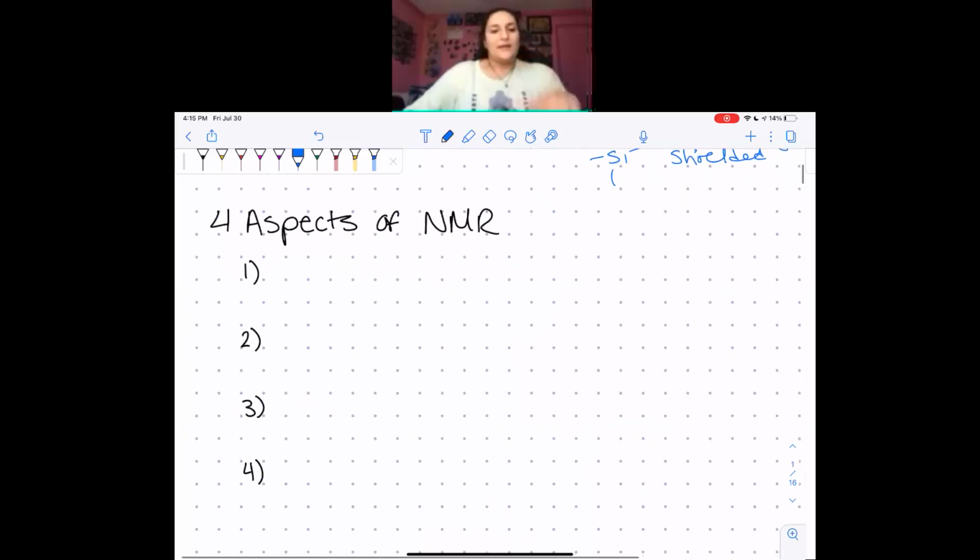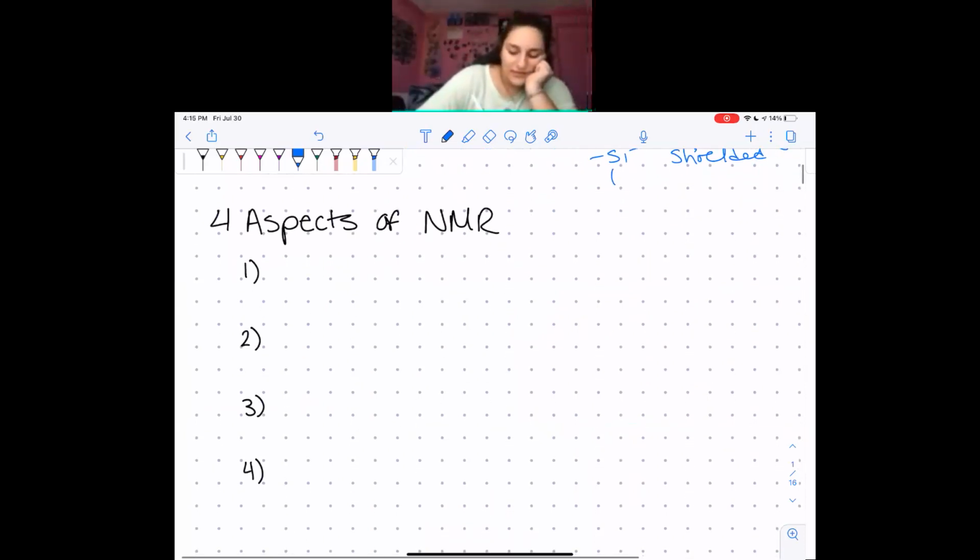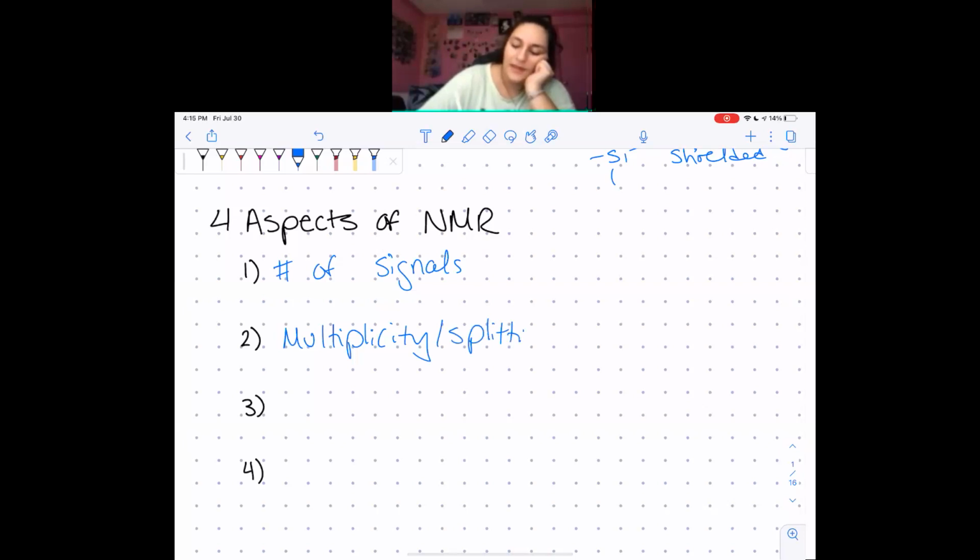The 4 aspects of NMR are number of signals, and multiplicity or splitting. And there were a couple things we talked about. So for multiplicity and splitting, we have to remember the n+1 rule. N equals the number of unique neighbors.